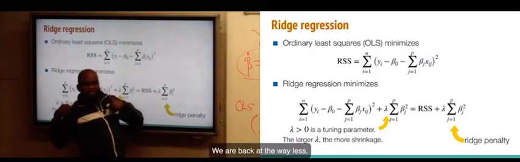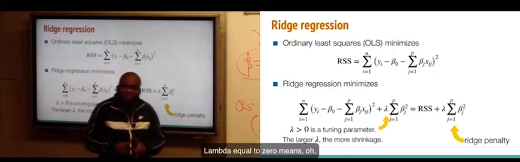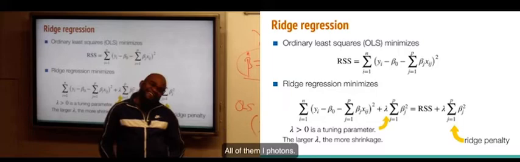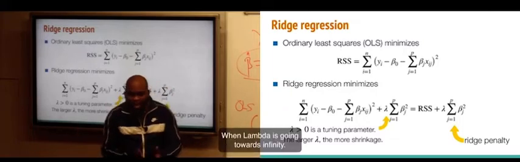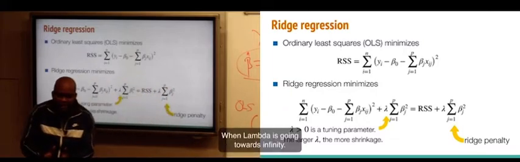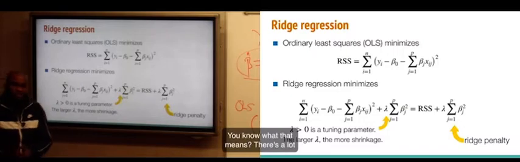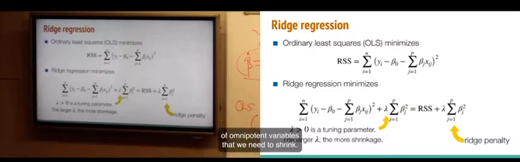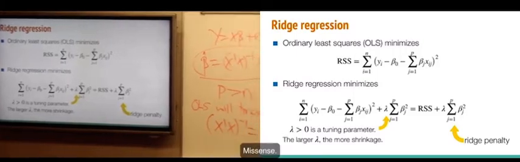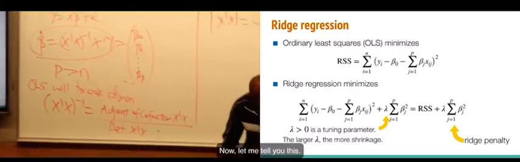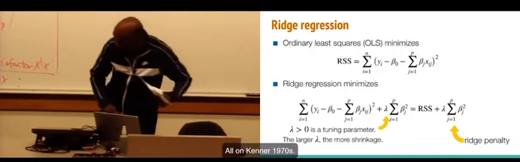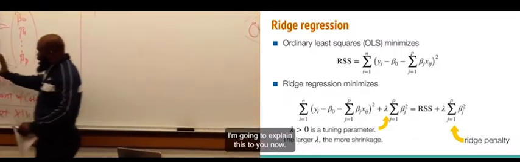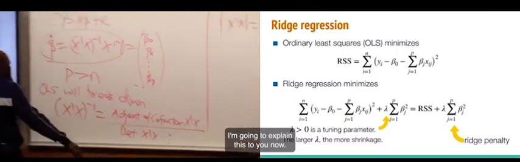We are back at the OLS. Lambda equal to 0 means there is no variable that is not important. All of them are important. When lambda is going towards infinity, you know what that means? There are a lot of unimportant variables that we need to shrink. Does that make sense? Now, let me tell you this. Hoerl and Kennard, 1970. Actually, I'm going to explain this to you now.